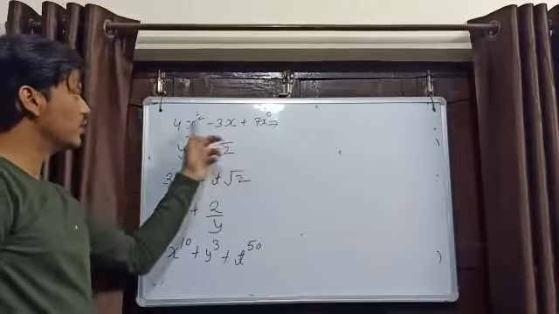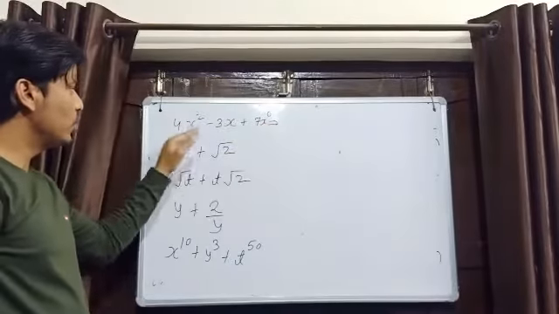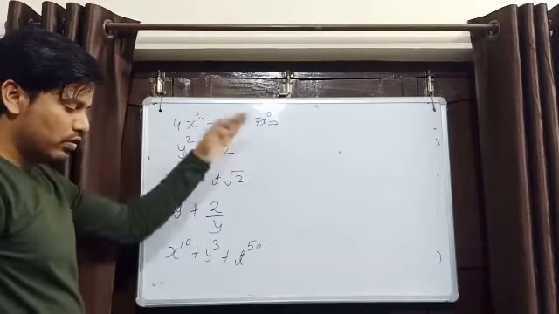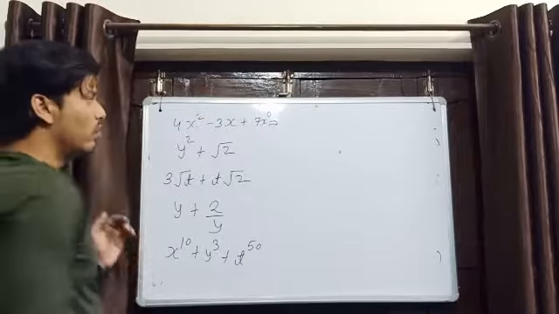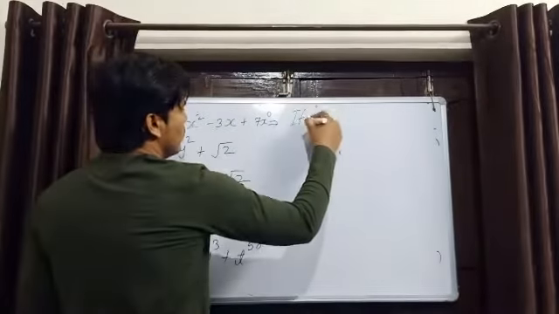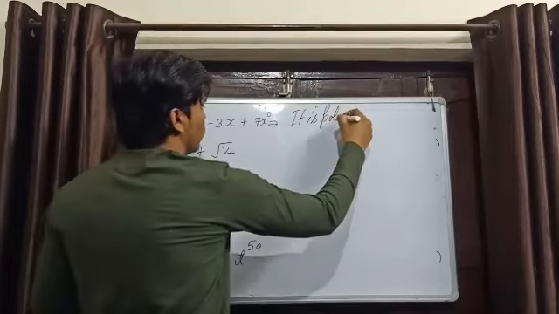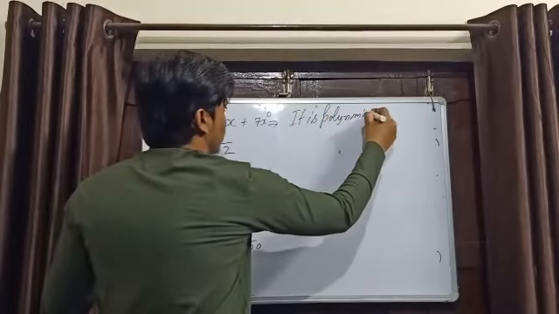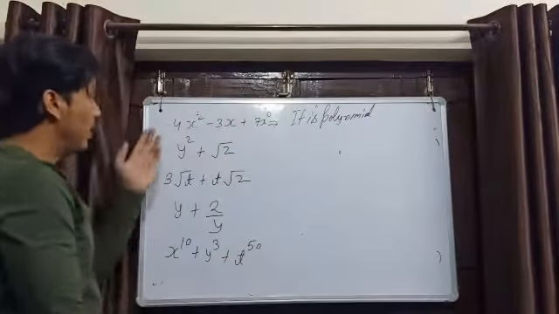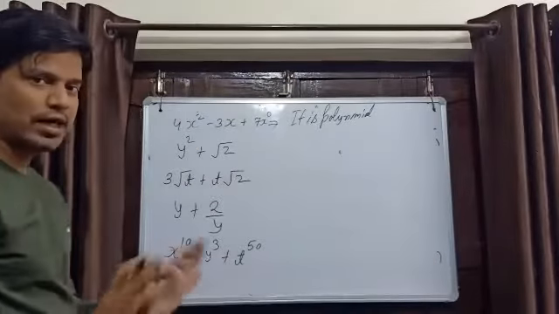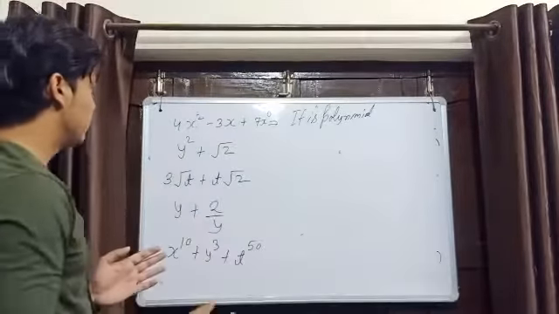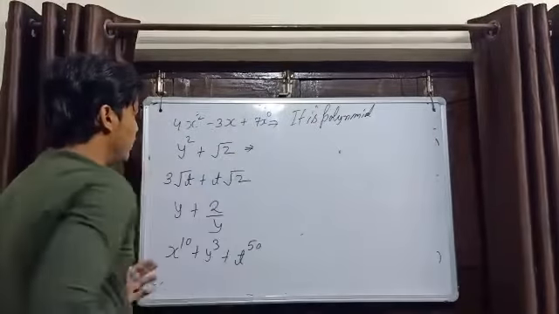Only one variable, x, is used, and it is a polynomial because it is an algebraic expression whose exponent power is a whole number. That is the answer, no need to elaborate.